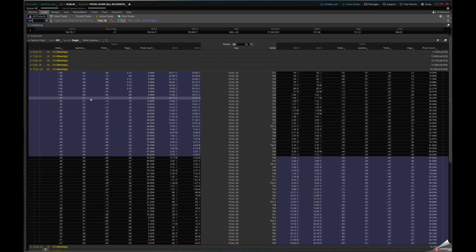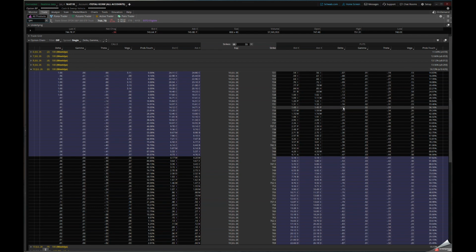If I want to look at the delta, which is 17, we come up here. Where's the delta? And I want to look for 17. My 17, the expected move, which is right here, it's showing me 755 to the upside. But if I want to see the delta to the downside and where is my 17, I'm going to look at the delta right here. And I'm going to look for the 17, and my expected move is $732.